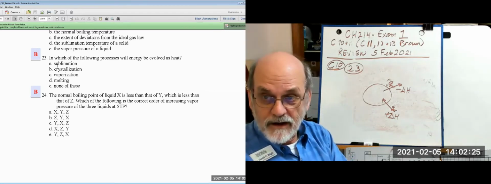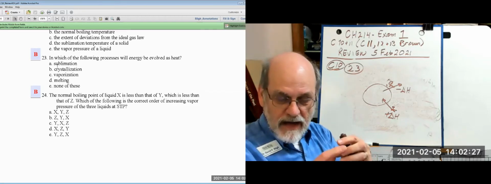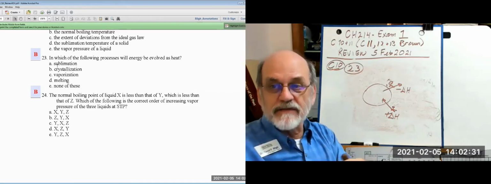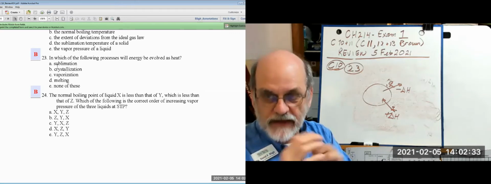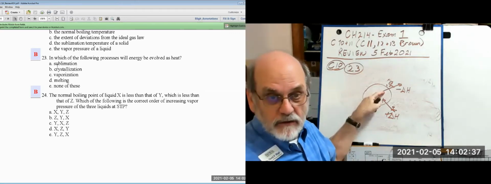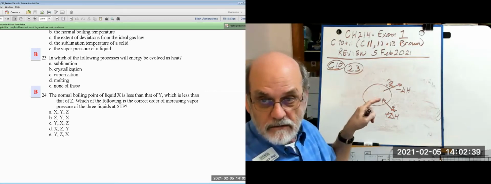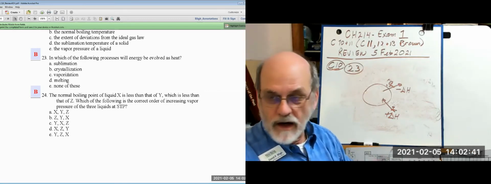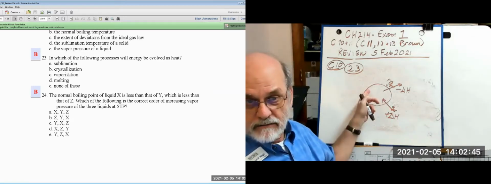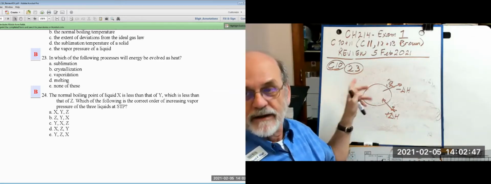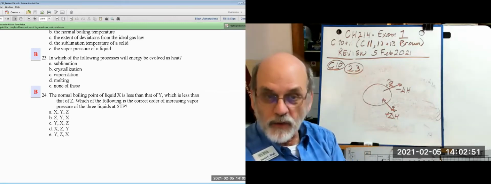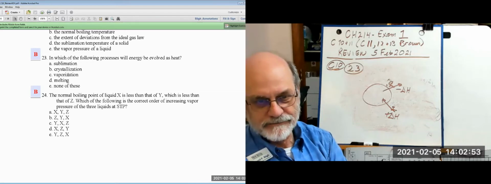When atoms or molecules get closer together and bond, they give up energy. That's a lower energy state. So that would be the answer, crystallization. Vaporization, if it becomes a vapor, you've got to add energy, right? It can't be. Melting, if you're going from solid to liquid, you got to add energy. So the only one that fits is crystallization.